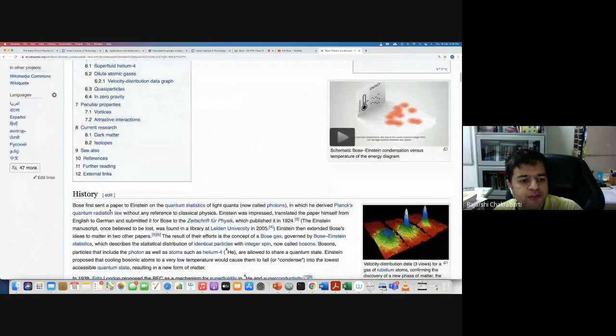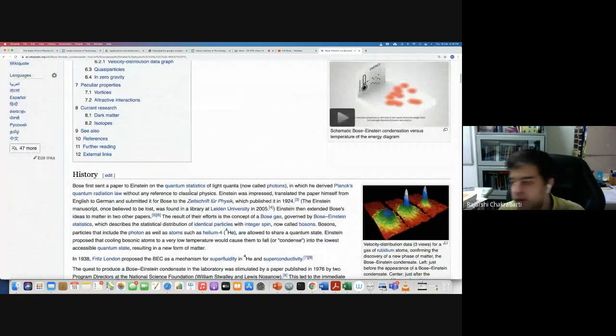Basically, Bose first sent a paper to Einstein on the quantum statistics of light quanta, now called photons, in which he derived Planck's quantum radiation law. You remember Planck's quantum radiation law? I think all of you know it; it is taught in quantum mechanics and other courses.